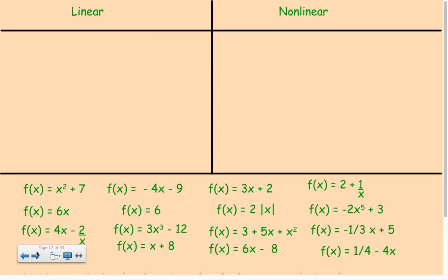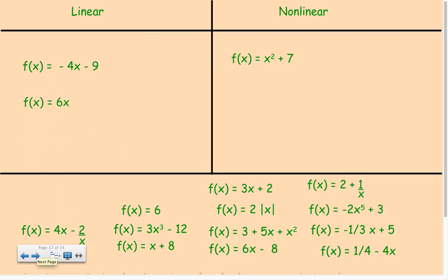Another click and drag. So this would be just dragging all the equations. I'm not going to do all of them, but I'll do some. Exponents are nonlinear. This one doesn't have exponents, square roots, absolute value, or a fraction with a variable on the bottom, so it's linear. Linear. Fraction with a variable on the bottom is nonlinear. Linear.